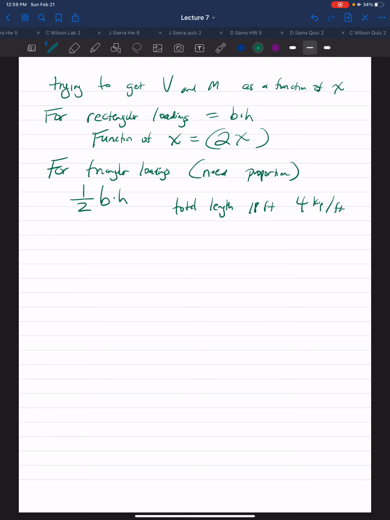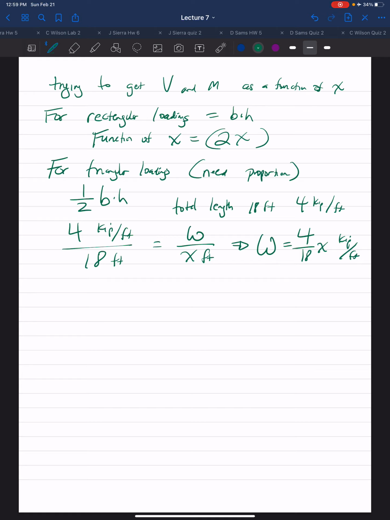So we have 4 kip per foot for 18 feet is our new intensity W over x feet. Rearrange, you have W is 4 over 18 times x, and this would be kip per foot.